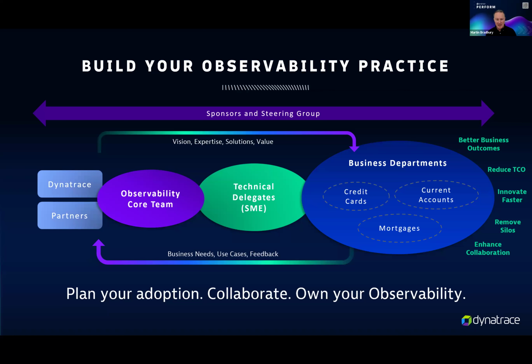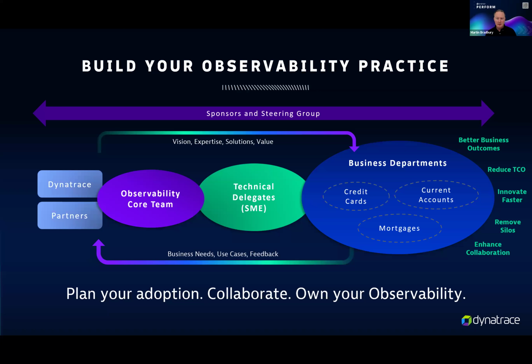But ultimately, it's an enabling function to allow the business and your application teams to come and consume it on a self-service basis. For some organizations that's a step, right? It's relinquishing control to a certain degree. But where we see the most success is in organizations that have really embraced the observability practice model and built a COE.